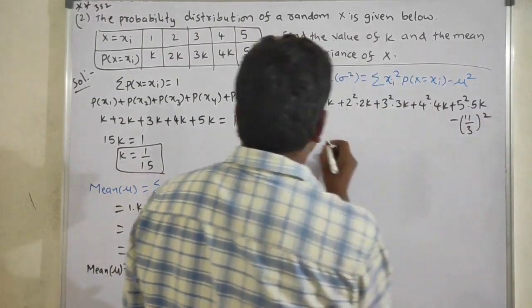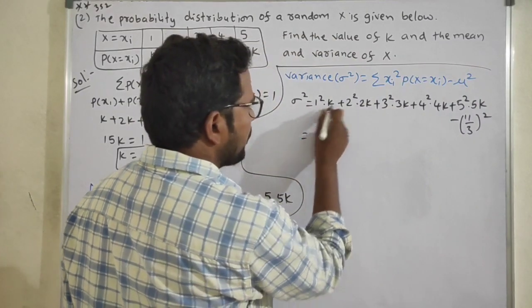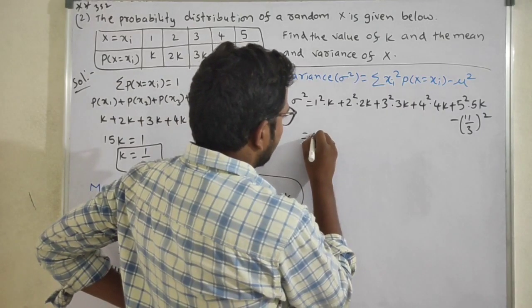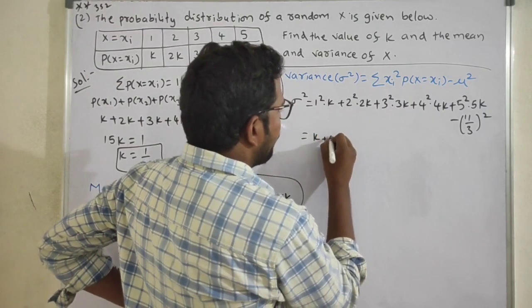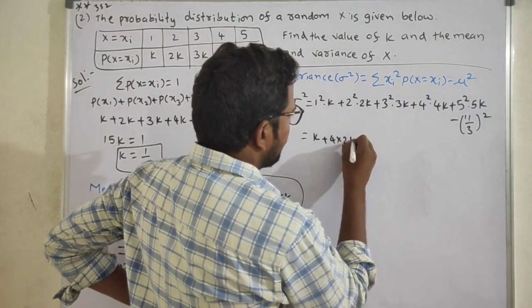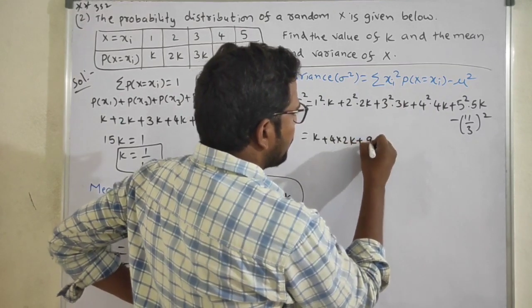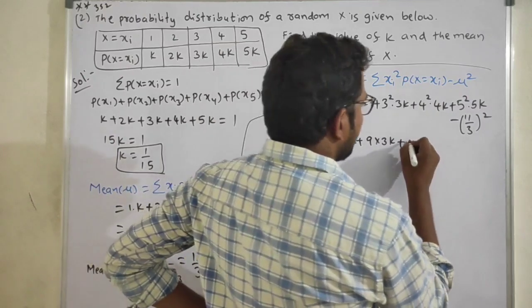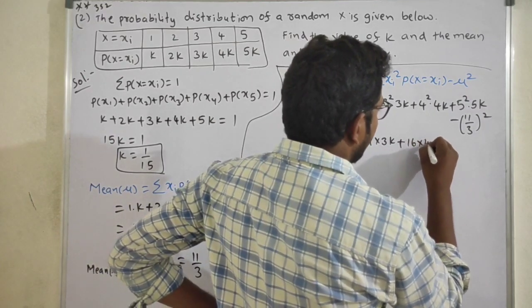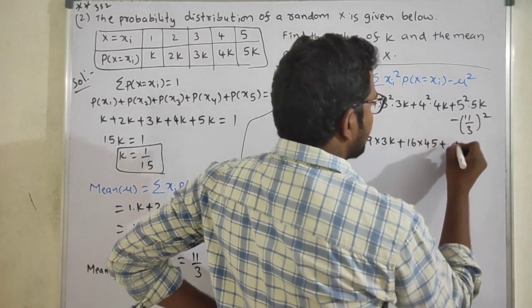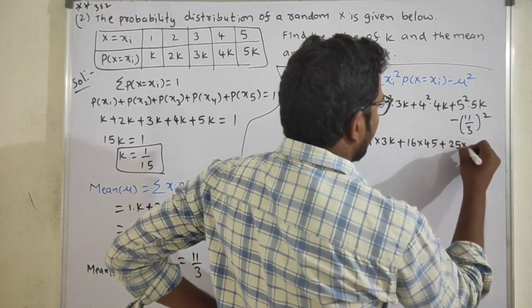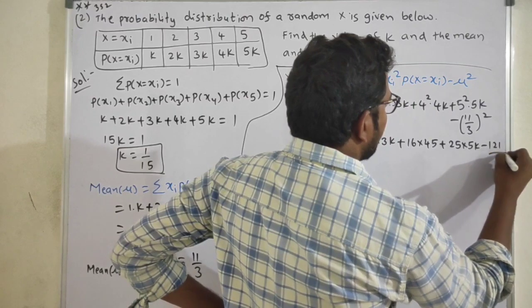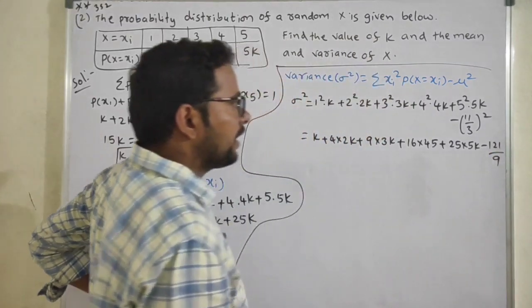11 by 3 whole square. 1 square value is 1 only. So 1 into k is 1k, plus 2 square value 4 into 2k, plus 3 square value 9 into 3k, plus 4 square value 16 into 4k, plus 5 square value 25 into 5k, minus 11 square is 121 by 3 square is 9, 121 by 9.